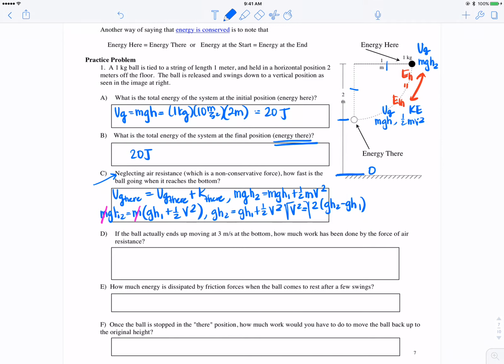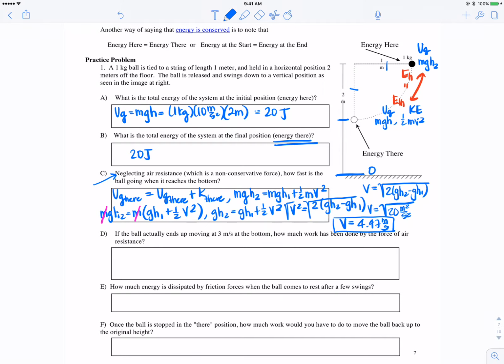Square rooting both sides, v equals the square root of 2 times (gh2 minus gh1), where g is 10 meters per second squared, h2 is 2 meters, h1 is 1 meter, or v equals the square root of 20 meters squared per second squared. v equals 4.47 meters per second.